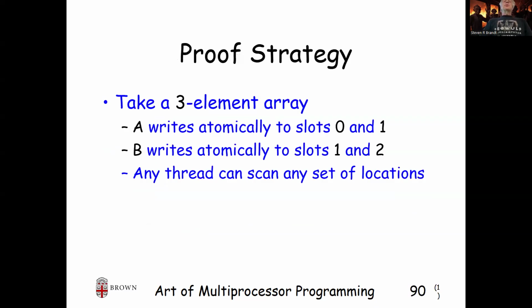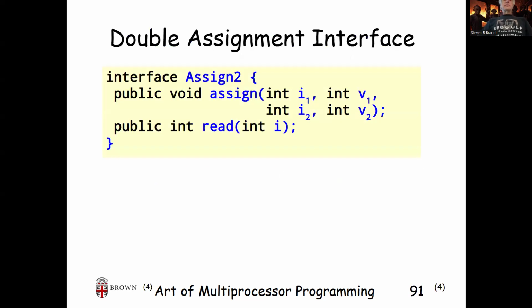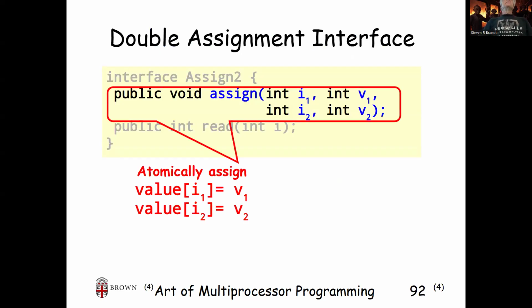So here's how we're going to prove it. We're going to take a 3-element array, and A is going to write atomically to slots 0 and 1, and B is going to write atomically to slots 1 and 2. And any thread can scan any set of locations. So we have an interface like this. We have an assignment, and we're going to assign to index i1 with value 1 and index i2 with value 2.